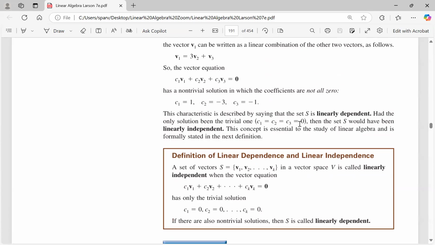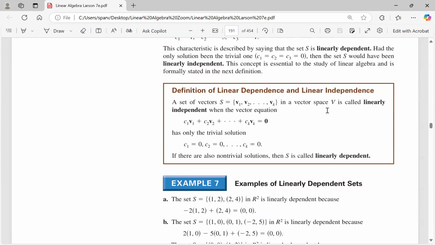If the system has only the trivial solution, it's linearly independent, and if it has non-trivial solutions, then it's linearly dependent. Non-trivial solutions mean one vector could be written as a linear combination of the others. And this is the definition of that.